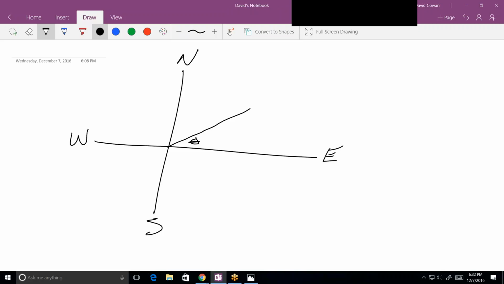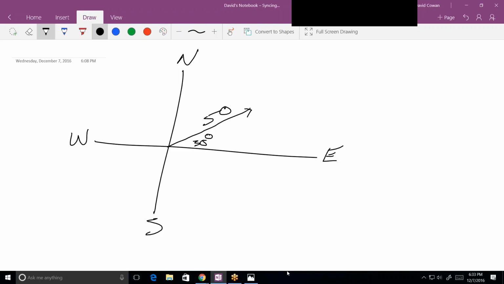Now, the way you take a vector, let's say this is a speed of 5 miles an hour. Let's make it more realistic, 50 miles an hour. And this angle is 30 degrees. The way I determine the east-west component of that vector is by taking the cosine of 30 degrees times 50.